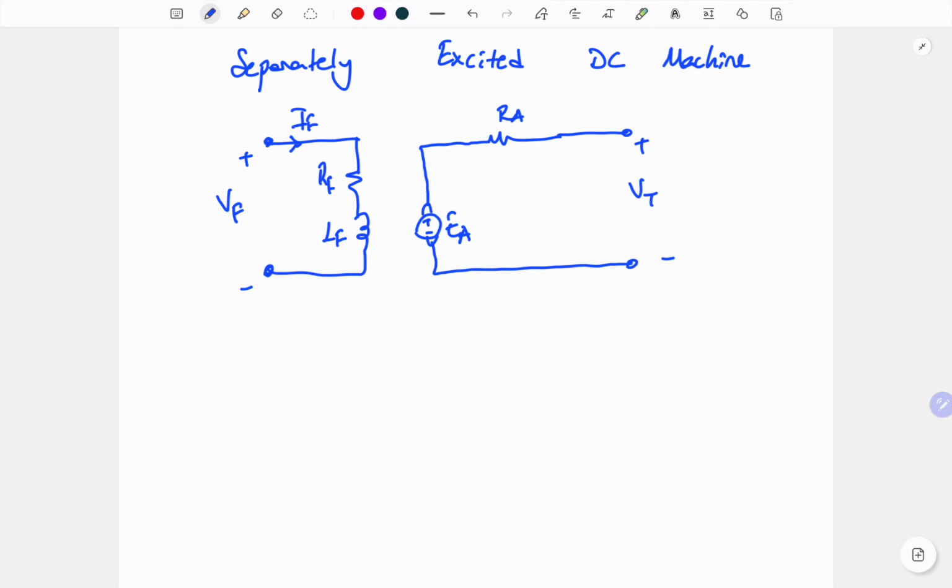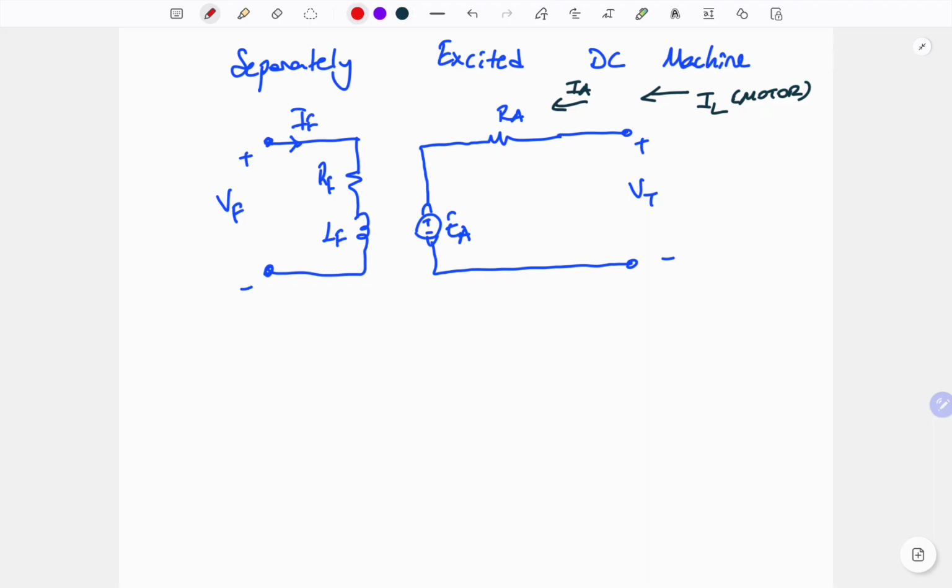Up to here, we don't have any difference between motor or generator operation. If we have a motor operation, IL and IA must go into the circuit, we will supply from here, and we will obtain mechanical energy.